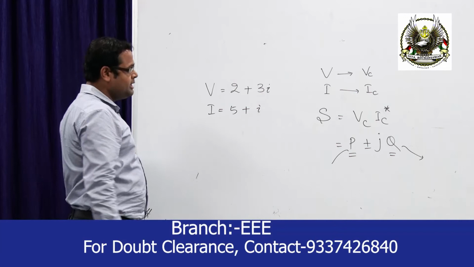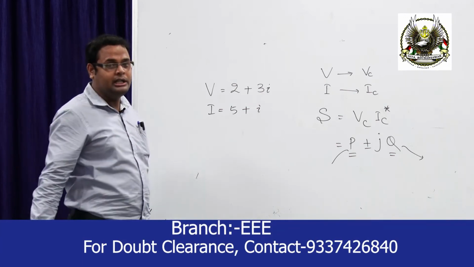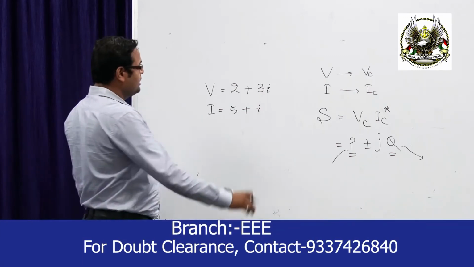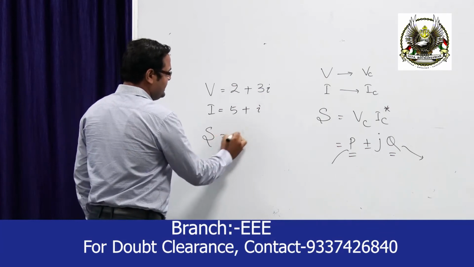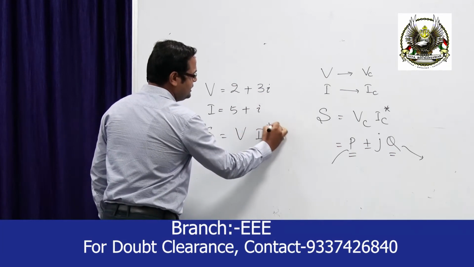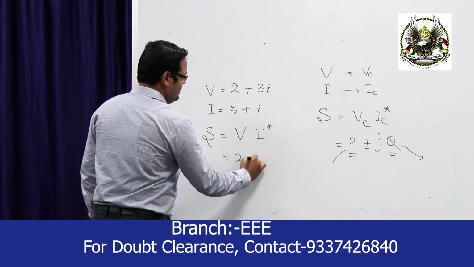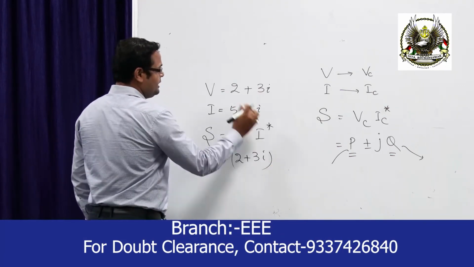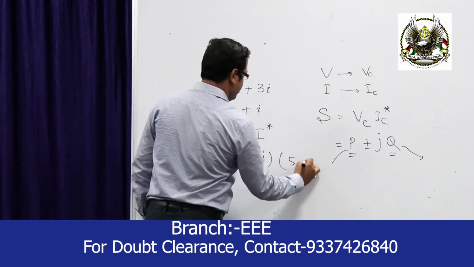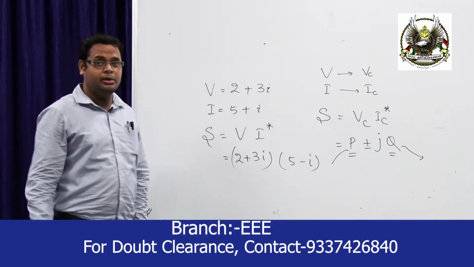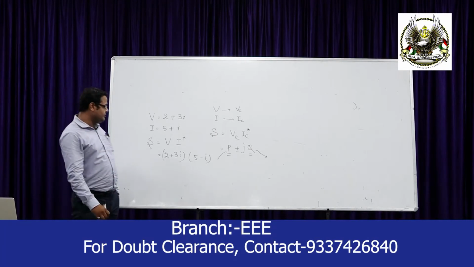Here if it is given, find the complex power, find the real power, find the reactive power. So, simply what you have to do, your S is equal to V I conjugate, and conjugate you know already from complex algebra. V is 2 plus 3j, I conjugate is nothing but 5 minus j. You can easily multiply these two things by using your scientific calculator.